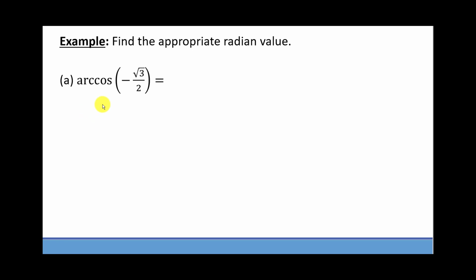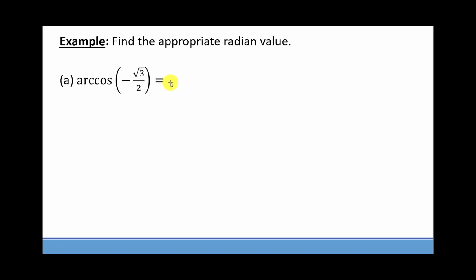For the first example, we need to find the value of arc cosine of negative square root of 3 over 2. Arc cosine, that's the inverse cosine function, and it's one of the two notations. This is how we think of finding its value. First of all, we need to remind ourselves that when we work with inverse trigonometric functions, the input is always some real number, and the output, or what that inverse function equals to, is the angle measure.